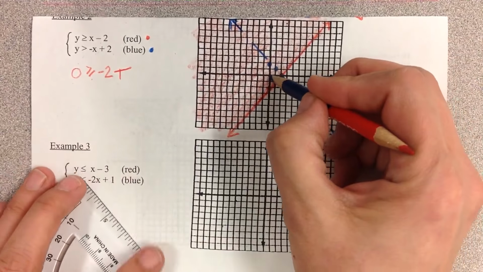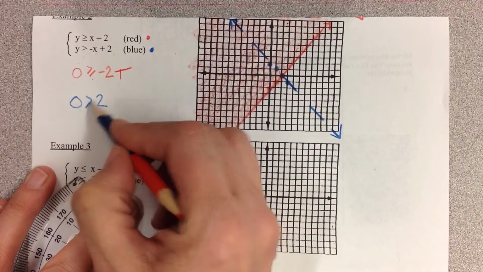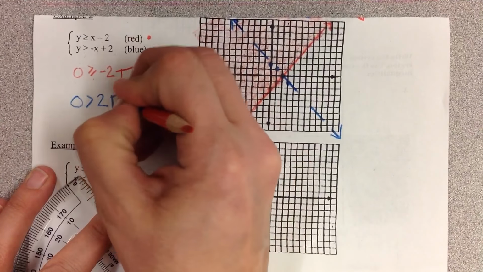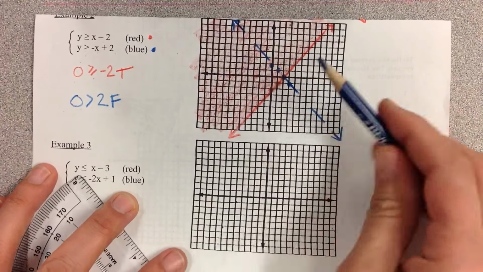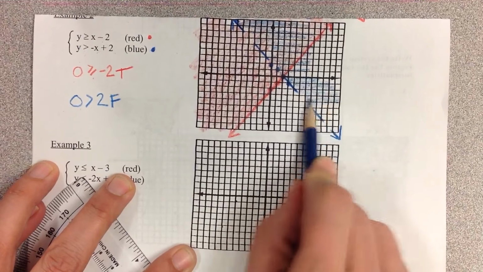The point 0, 0 makes this inequality 0 greater than 2 false. So for the blue line, 0, 0 is false, so you will have to shade the side of the truth.